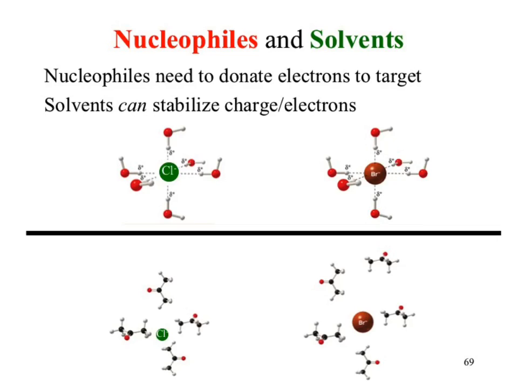Because bromide is more stable. Nope. The charge on chloride is more concentrated, so it gets more solvated. By having a larger charge, or really a higher electronegativity, what happens to the attractive force between the hydrogen of water and our center atom? It becomes stronger.